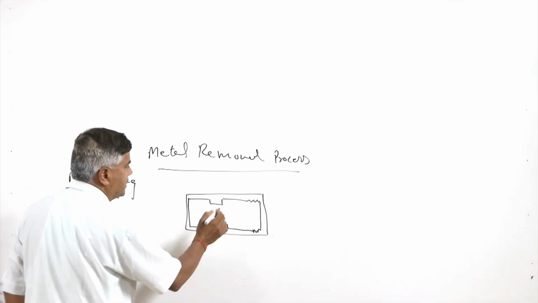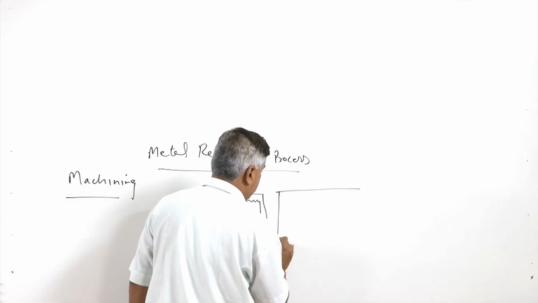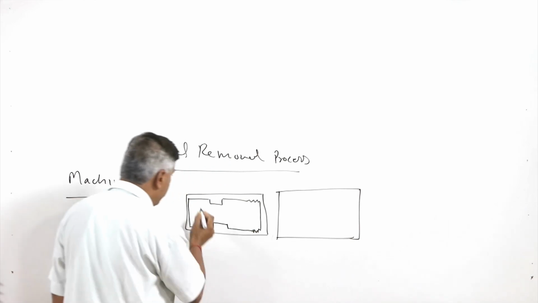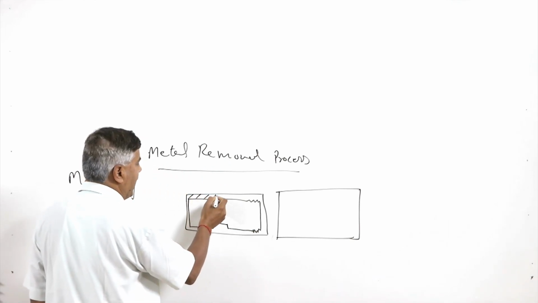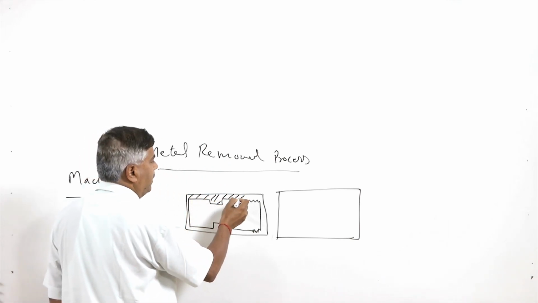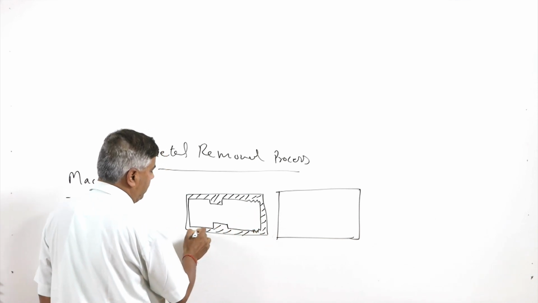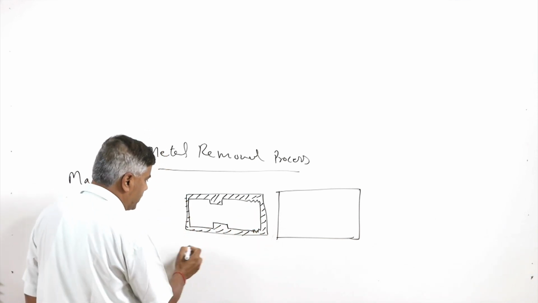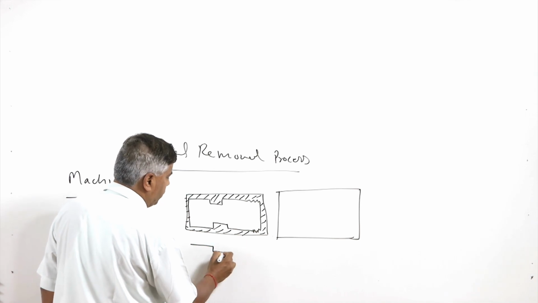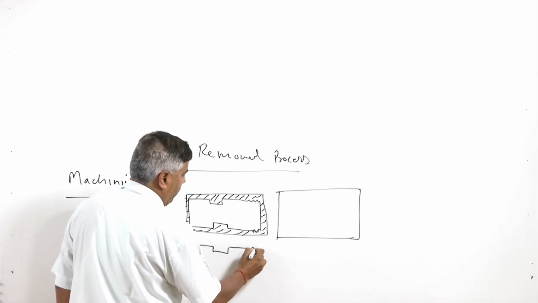Here, the shape of the stock was like this, and we have to remove all this hatched material from this stock, so that a final product of the desired size and shape can be achieved, which will of course be in this form.